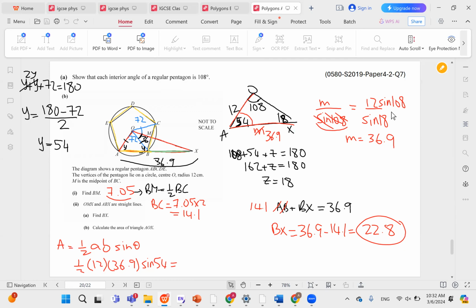I'm writing it on the calculator: 0.5 times 12 times 36.9 times sine 54. That would give us 179.1. So just 179 would work.